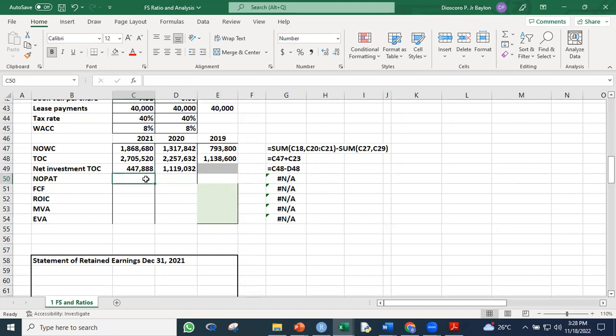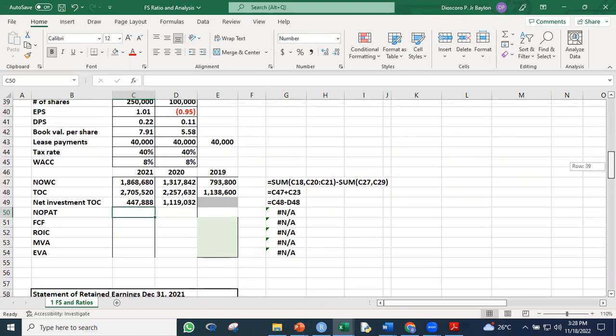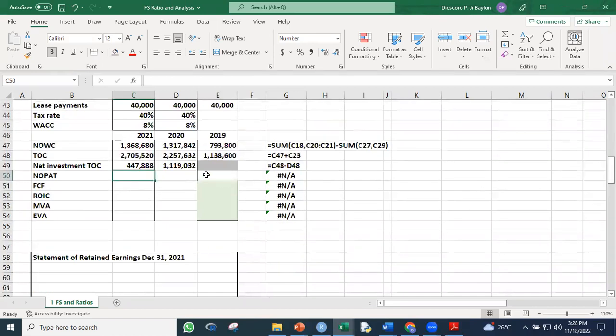What's the shortcut for NOPAT? Can somebody give me the NOPAT value for 2021? Okay, so what will be NOPAT for 2021?